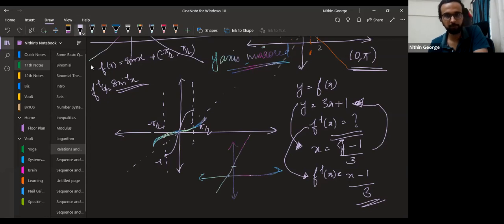So we'll draw the y equal to x line. And then what do we do, guys? To find the inverse, we draw the mirror image of the line about y equal to x. We make y equal to x the mirror. So this should be y equal to x minus 1 by 3 line. That's the idea I'm trying to say here. Got it?